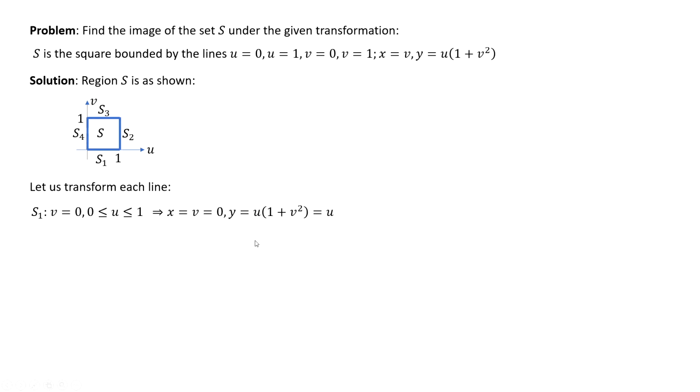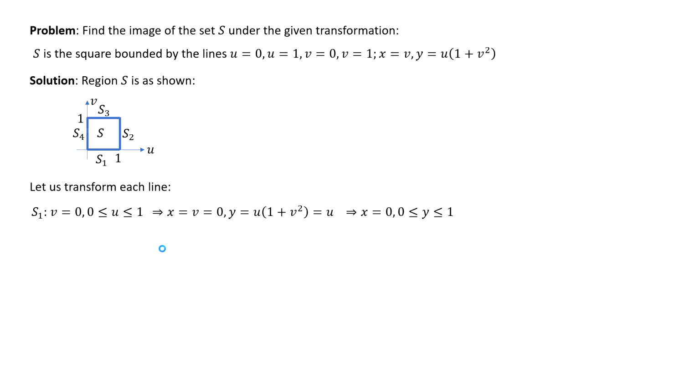What happens to that? U is something between 0 and 1, fine. V happens to be 0. So let's plug V equals 0 into this. When we plug in V equals 0, the stuff in the parenthesis becomes just 1. So we have Y equals U, right? But there are restrictions on U, that it is between 0 and 1.